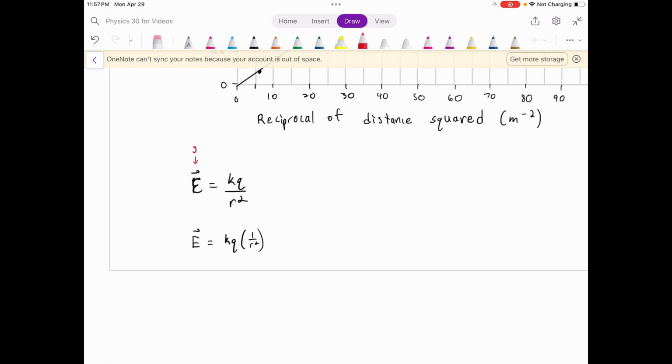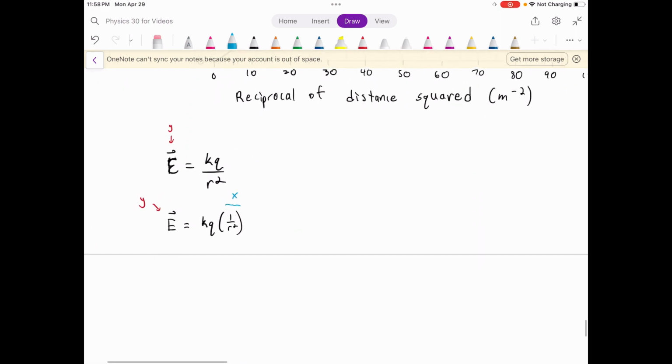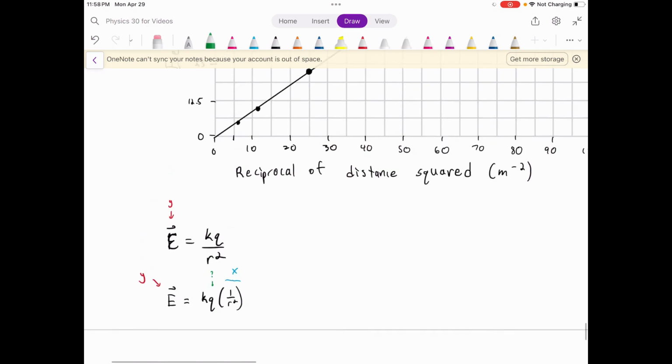Do you see how those are the same? And now, there's our y variable, there is our x variable. So we're knocking at the door now of figuring out how we actually use this graph to find what we want, which is Q, the charge, right? Well, I'll show you 2 ways, but look here. We've got a line.